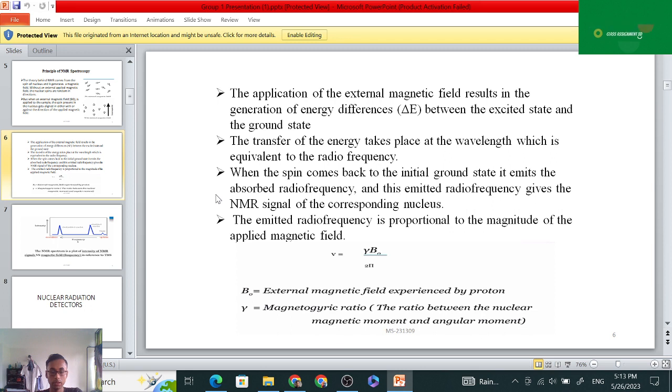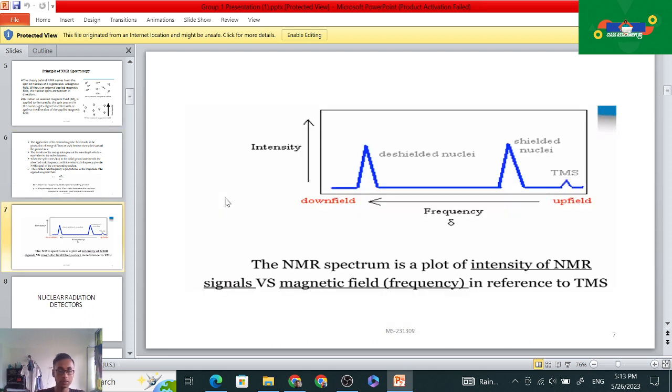Here B naught means the external magnetic field experienced by the proton, and gamma is the magnetogyric ratio, the ratio between the nuclear magnetic moment and the angular momentum.